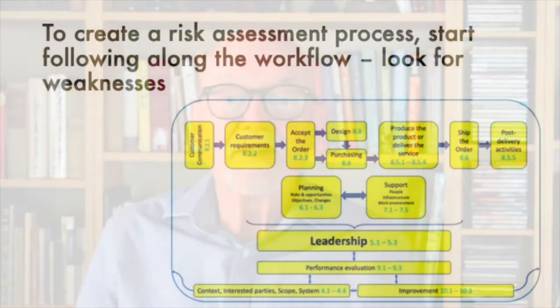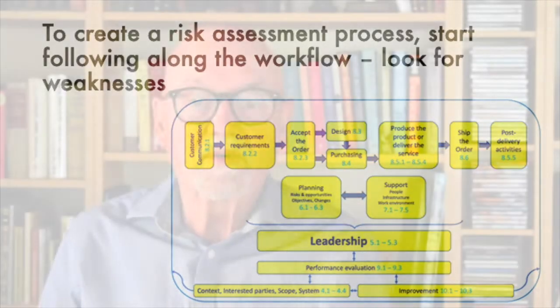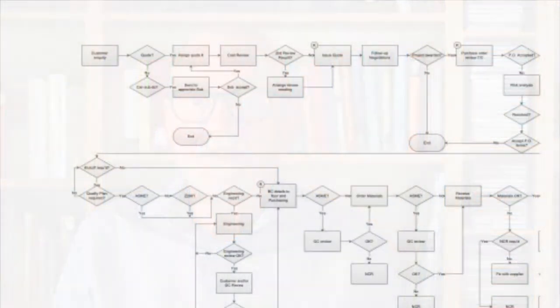You can see here in this diagram that we'd be creating a risk process with the process flow in mind. So following along the workflow is the most logical way to proceed, of course. Look for weaknesses. Look for places where things can go wrong. And at the same time, of course, by adjusting the weakness, you will be creating your opportunities.